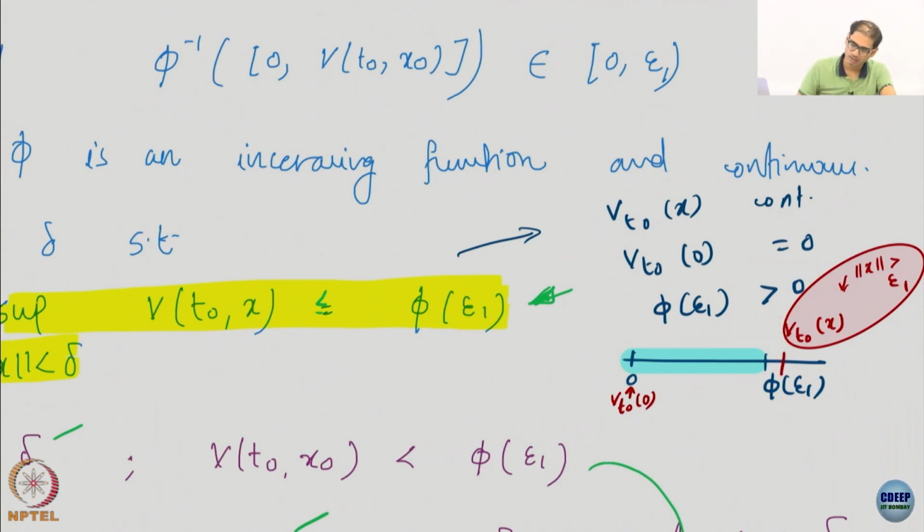Therefore, there has to exist some norm x bound, some x bound such that V(t0,x) lies within this range, just by continuity of V. Just by continuity of V I can get this range.